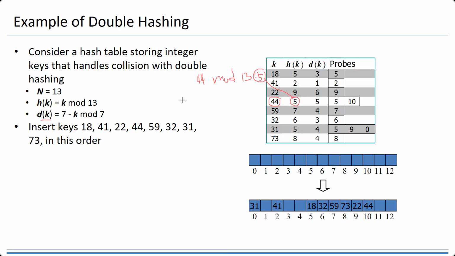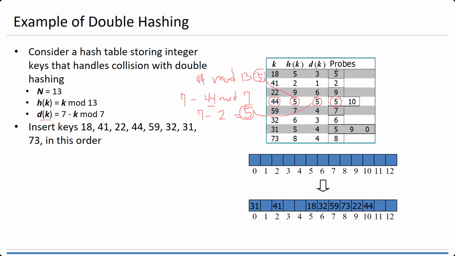And then decay. 7 minus 44 mod 7. 44 mod 7 is 2, so 7 minus 2. Then we have 5. So we put here as 5. Then we choose 5 for the proofs.